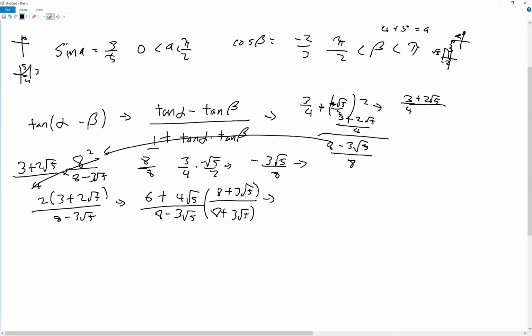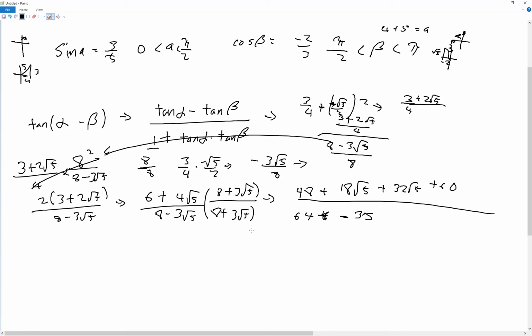We can FOIL this, so it becomes 48 plus 18 square root 5 plus 32 square root 5, plus 4 times 3 times 5, which is 60, over 64 plus 8 times 3 times square root 5, so these two just cancel out. We need to multiply these two together, so it's actually negative, so it's negative 9 times 5, which is 35.